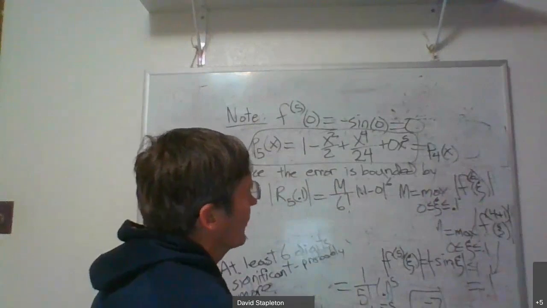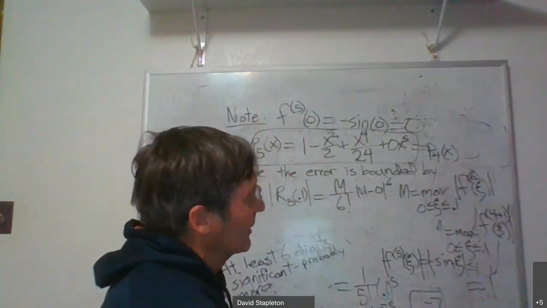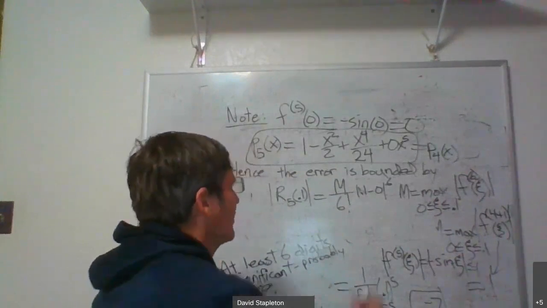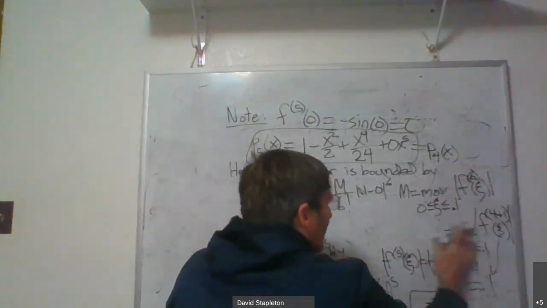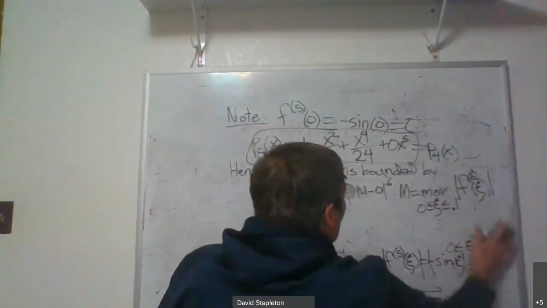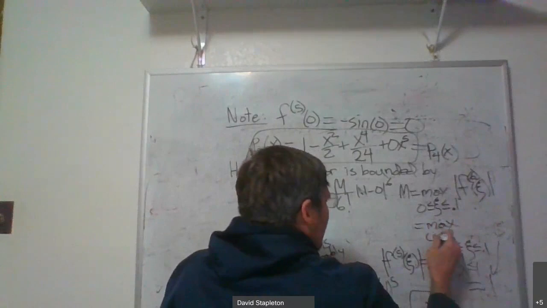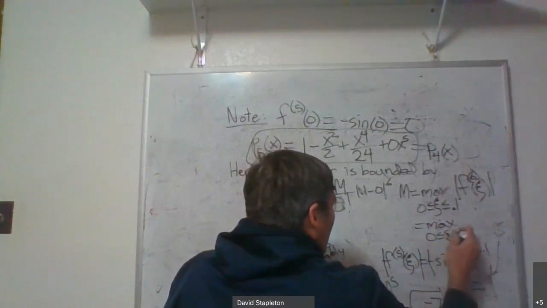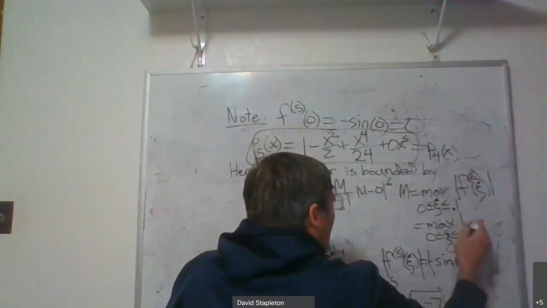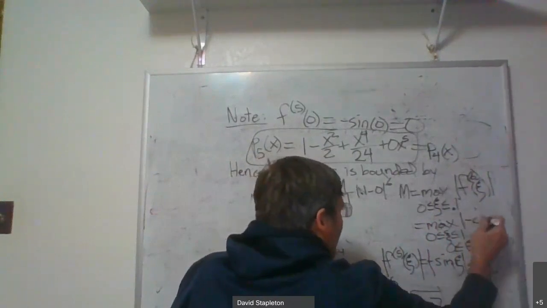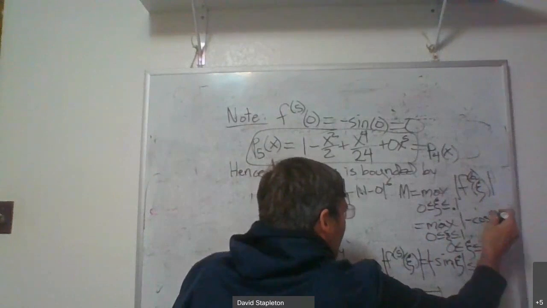What's the sixth derivative? Well, the fourth derivative was cosine. The fifth was minus the sine. The sixth is minus the cosine. So this would be the maximum over c between 0 and 0.1 of the absolute value of cosine of c.